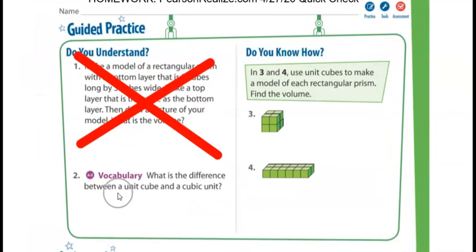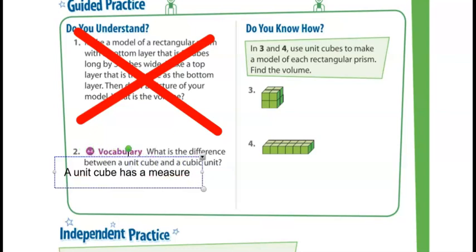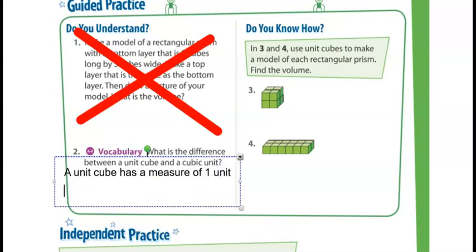So for our answer on number 2, the difference between those 2 vocabulary words is a unit cube has a measure of 1 unit along each edge.